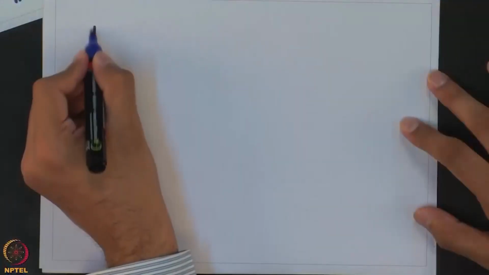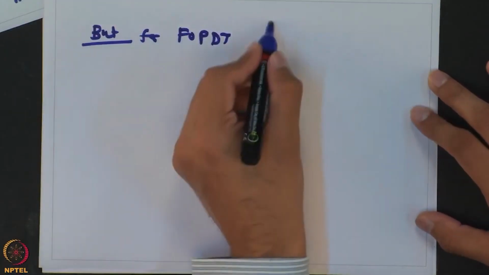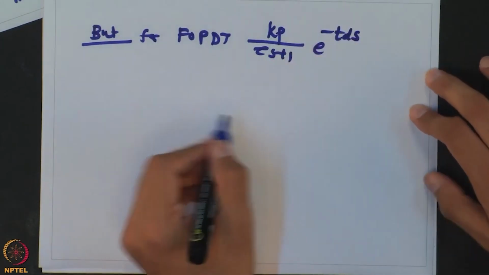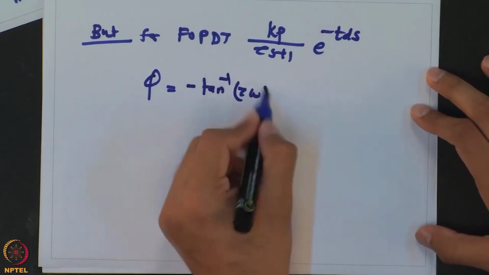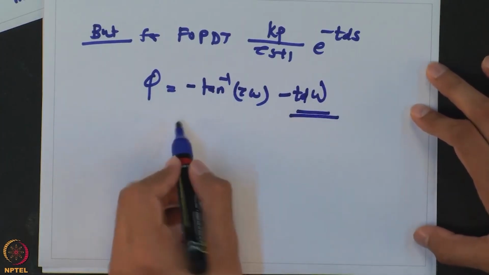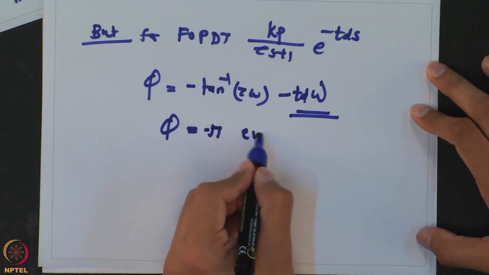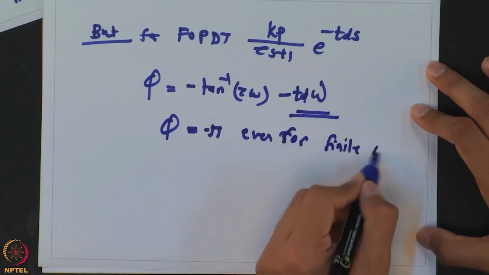But the case changes when you have any delay. For first order plus dead time, when you have Kp over tau s plus 1 times e raised to minus Td s, the phase is minus tan inverse tau omega minus Td omega, and because of this term phi is equal to minus pi even for finite omega.